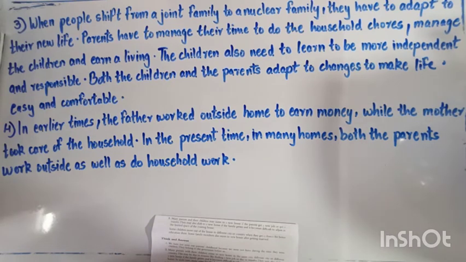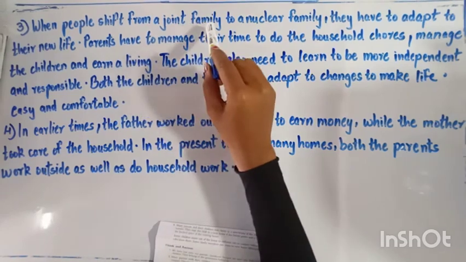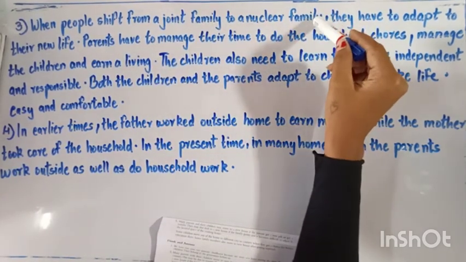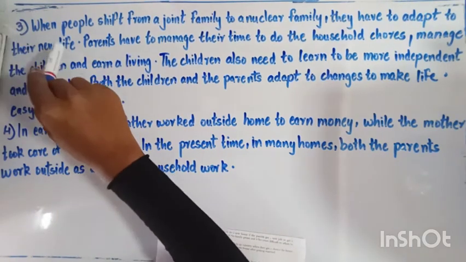Write the third question. How do the family members adapt when they shift from a joint family to a nuclear family? Answer for this. When people shift from a joint family to a nuclear family, they have to adapt to their new life.